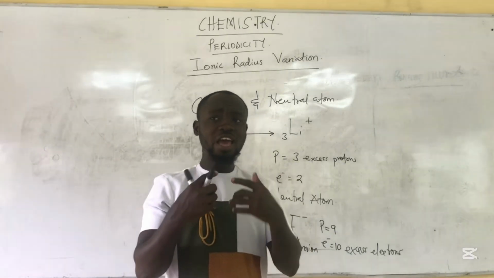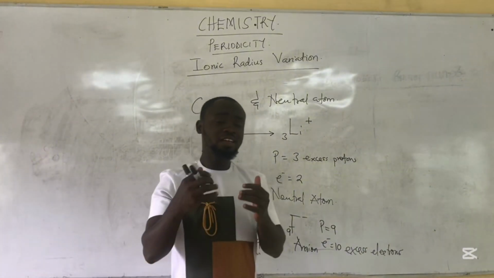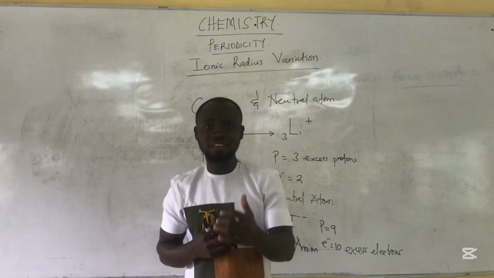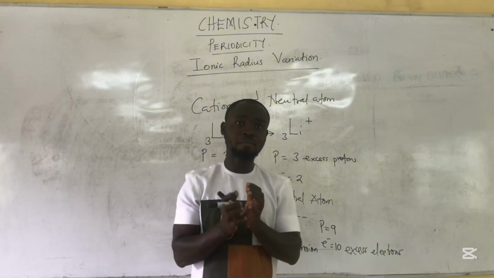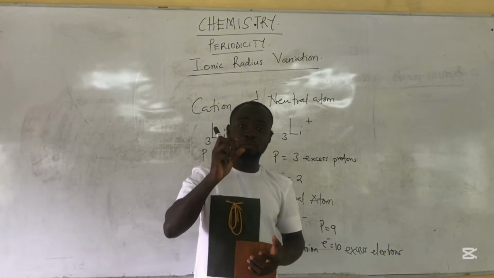And also, whenever there are excess electrons against the proton, it simply means that there are going to be more blockages caused by electrostatic repulsion of the excess electrons, thereby reducing the nuclear attraction caused by the proton.